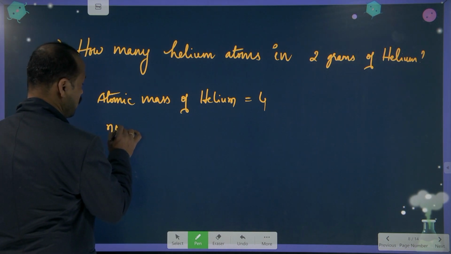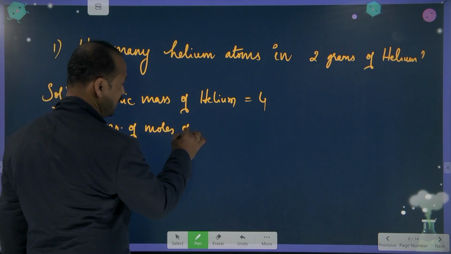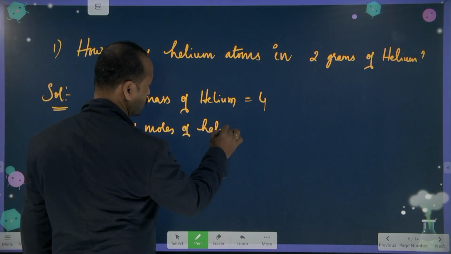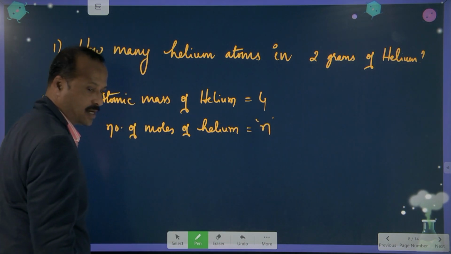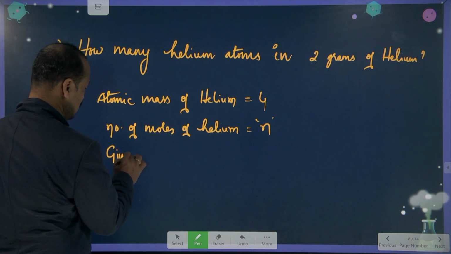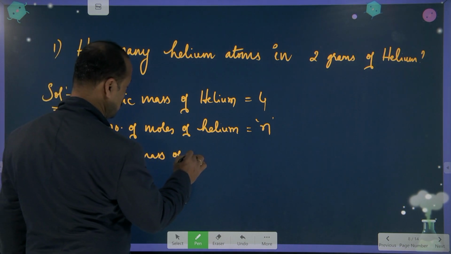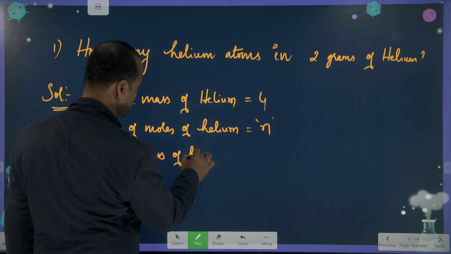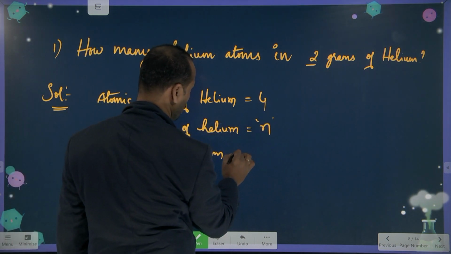Now number of moles of helium I want to find. So number of moles is denoted by which letter? n. And here what is the given mass? Given mass of helium. How much mass is given? 2. Okay.